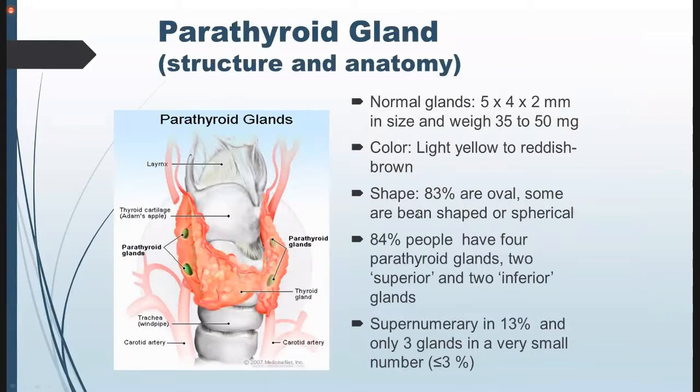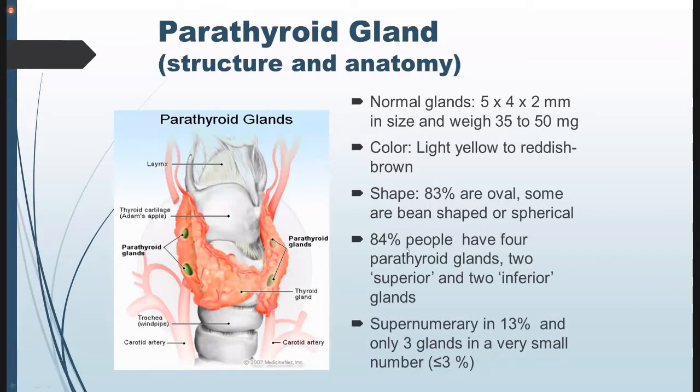So there are 4 parathyroid glands which are situated on the back side of the thyroid gland. Normally, the size of the gland is 5 by 4 by 2 millimeter, and it weighs roughly 35 to 50 milligram each. Color is from light yellow to reddish brown. Shape is oval, but some of them can be bean shaped or spherical.